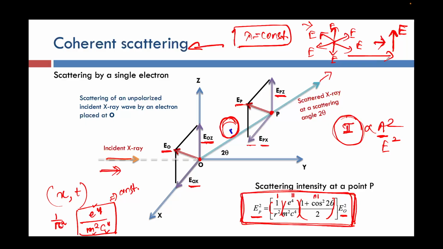So what we are doing with an unpolarized beam is that we have to get the scattering intensity from a polarized beam. Geometrically and experimentally, when people have calculated 1 plus cos square 2 theta by 2, this is called the polarization factor.